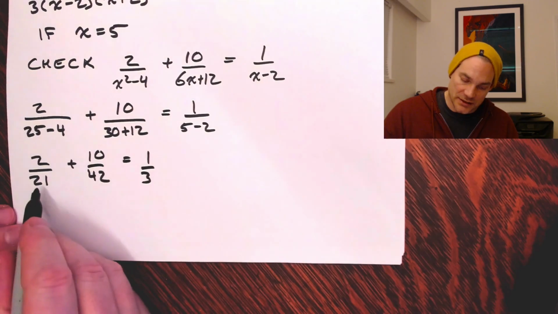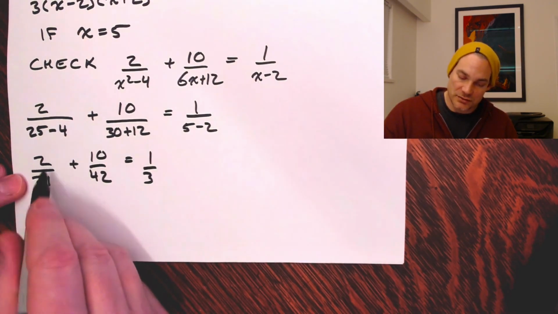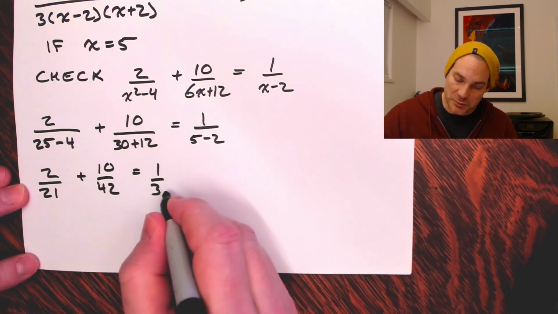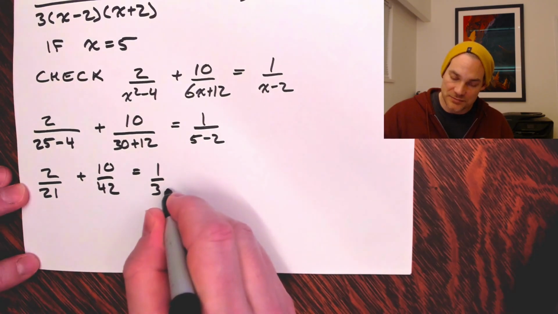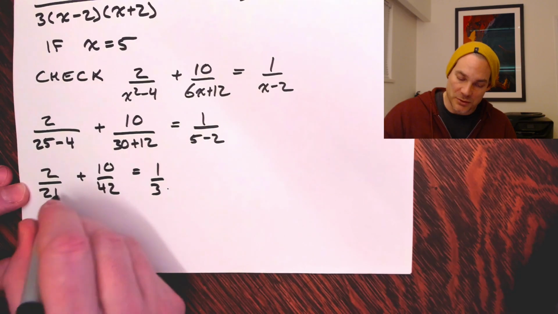But I can see here that if I multiply this by 2, both top and bottom, it would be 42. So I'd find the new LCD. And if I multiply this by 14, it would also be 3 times 14 is 42. So I'm going to multiply this by 2.